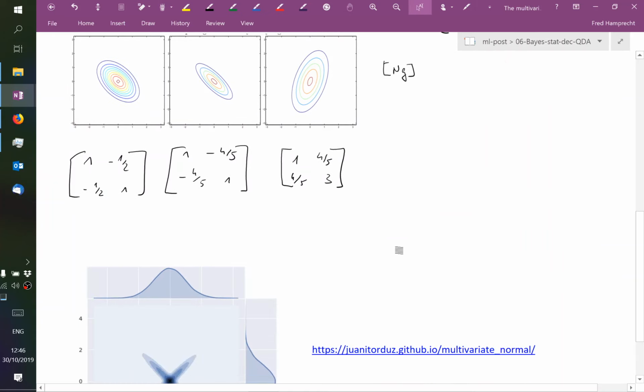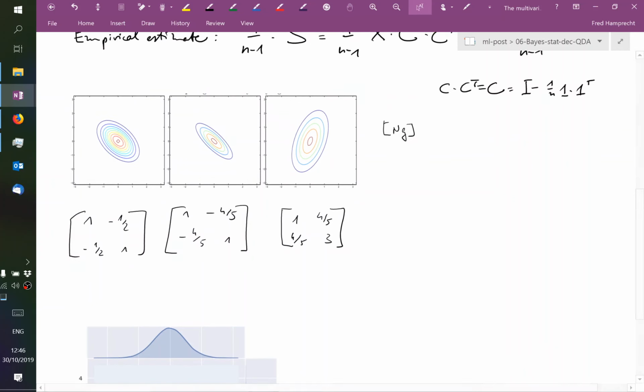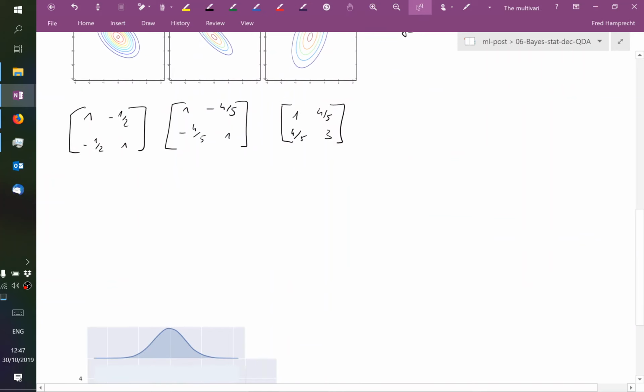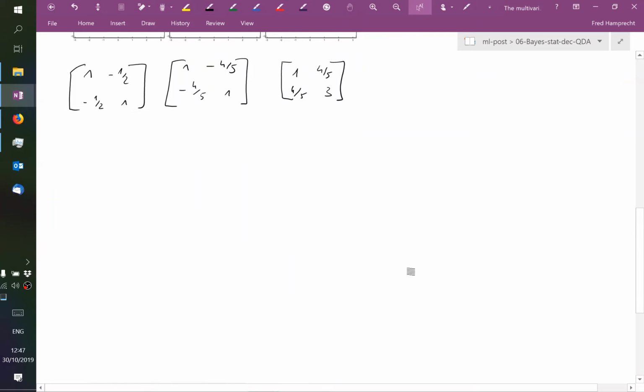Good. Now, well, we come actually to the normal distribution. The multivariate Gaussian, and it's so important that the statisticians, they don't call it Gaussian, they call it normal.